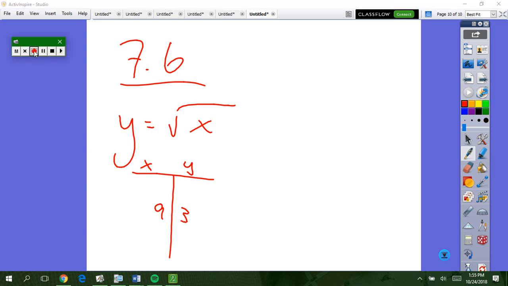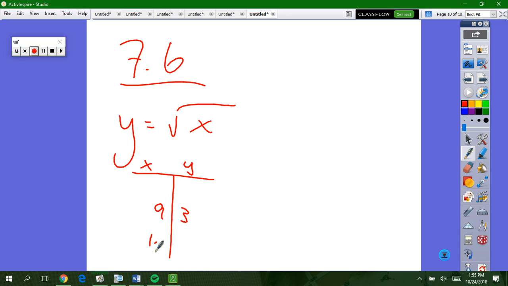I saw some people pick some values. I saw 100 being picked, and you get 10. That's a good one. 1's a good one. I get 1. 16 and 4, you mean? Yeah, 4 and 2. Anybody else?